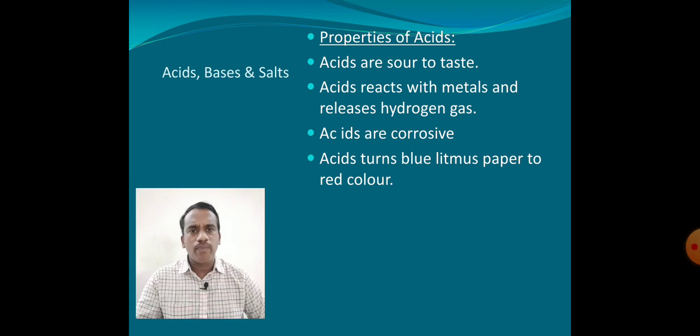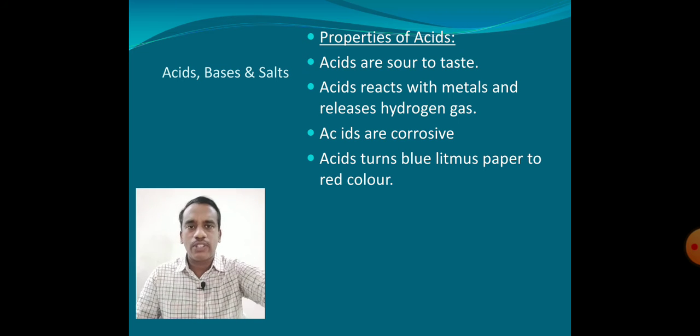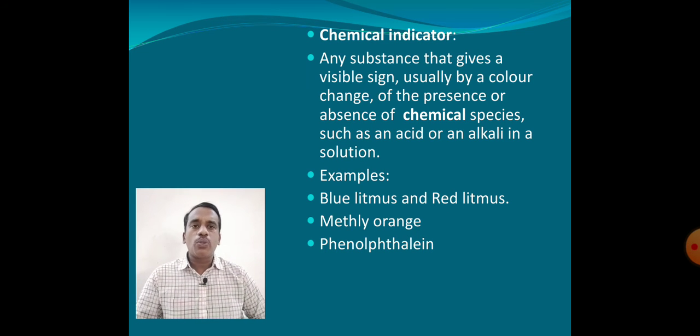Now, let us see how we are going to classify the acids. We are majorly classifying the acids into two kinds we already discussed, that is called an organic acid and an inorganic acid. Whatever it may be, the organic acid or inorganic acid, we can easily identify with the help of an indicator.